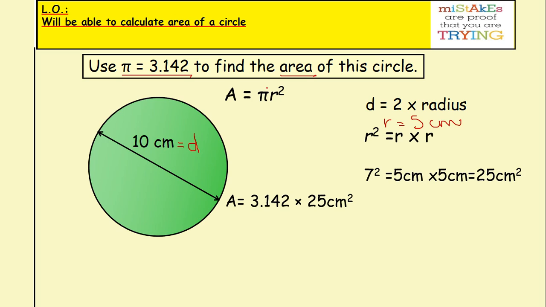And again, feel free to use a calculator, and I'm sure your answer will be the same as mine, which was 78.55 centimeters squared. Feel free to pause the video, write the example in your book and digest it, and I'm pretty sure this will help you to work out other questions. Thank you for watching.